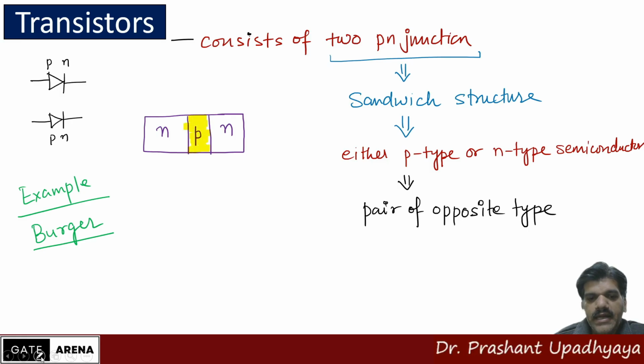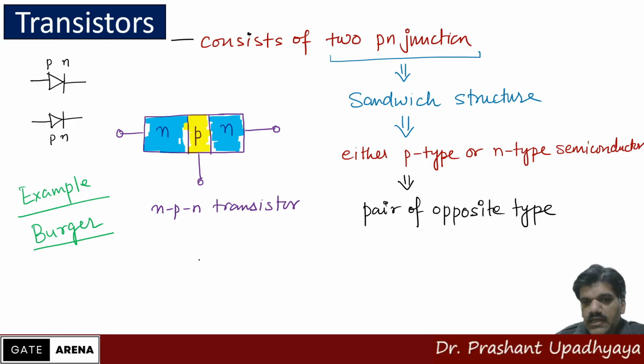This is my p, and I'm using the blue color to highlight it. This transistor which we have formed, and we will be having a terminal. Just for the sake of completeness, I'm drawing the terminal. So this transistor will be known as the NPN transistor.